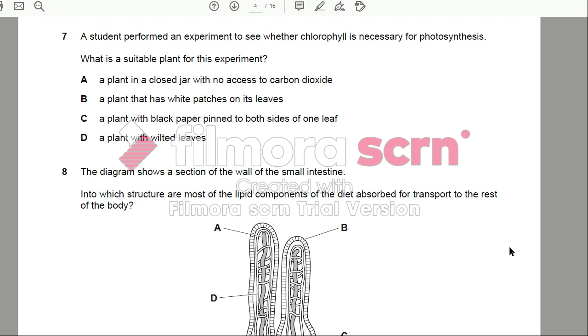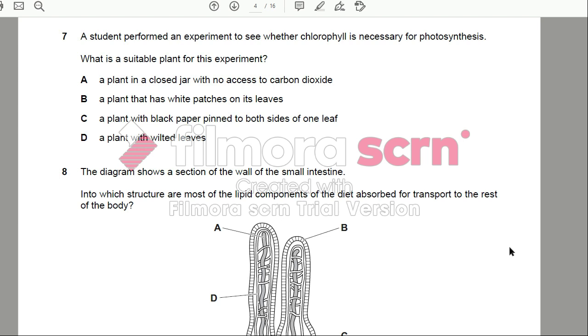A: a plant in a closed jar with no access to carbon dioxide. No, it's incorrect because we have to find the plant with patched leaves. B: a plant that has white patches on its leaves. Yes, this option is related to the question, but we will discuss the other options and then come back to the right option.